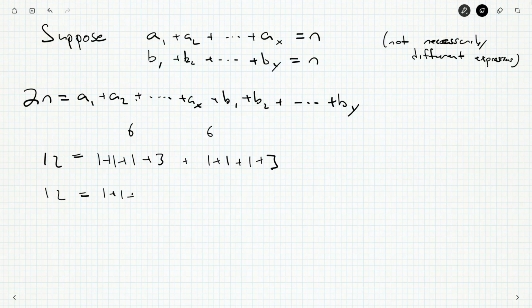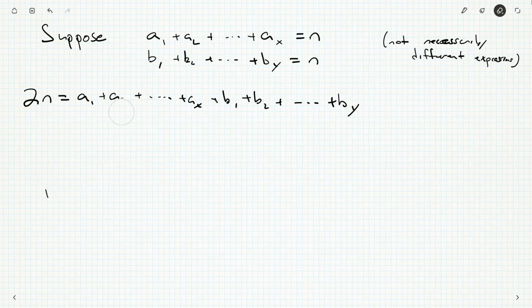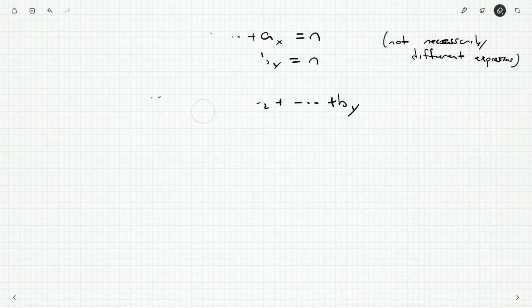We could do 1 plus 1 plus 1 plus 1, and then plus the 3 plus the 3. And those are also two different expressions that could have been added together. So I'm thinking this whole plan here won't work.